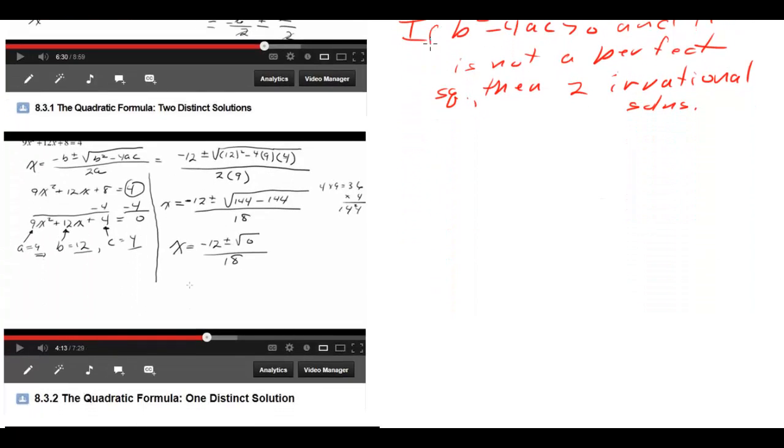If you get a whole bunch of conditions here. If the discriminant b squared minus 4ac equals 0, then you get one rational solution.